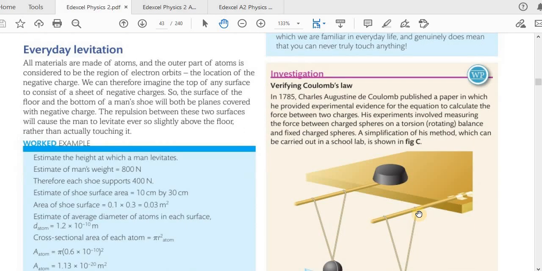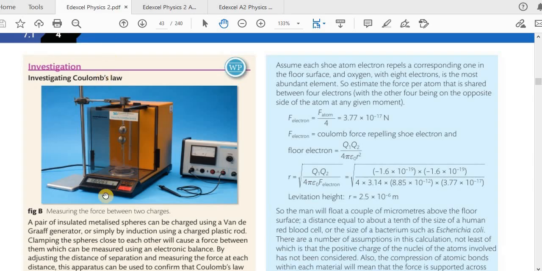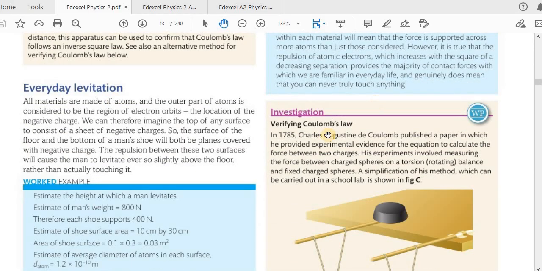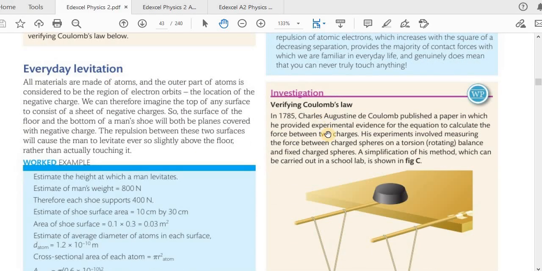Okay, so again, now we went through this investigation for Coulomb's law. Now we will see another one, verifying Coulomb's law. So the second investigation. In 1785, Charles Augustin de Coulomb published a paper in which he provided experimental evidence for the equation to calculate the force between two charges.